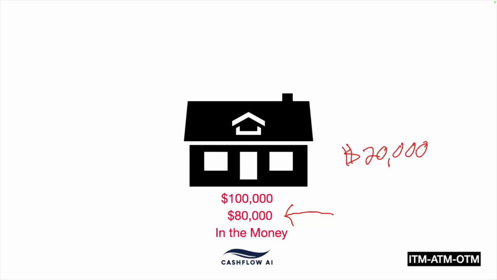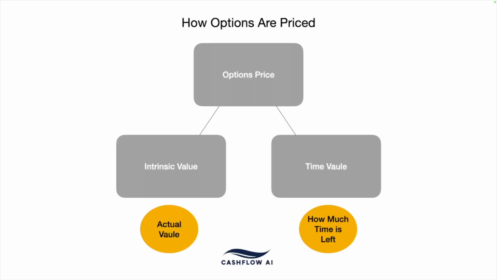Okay. And so that is how we look at options and how we view them or how we describe them when we're talking to other people or we're looking at the option chain. So let's describe it a little bit deeper. Here's how options are actually priced. If you take the intrinsic value, I'm not going to use 100,000, I'm using just $100, right?